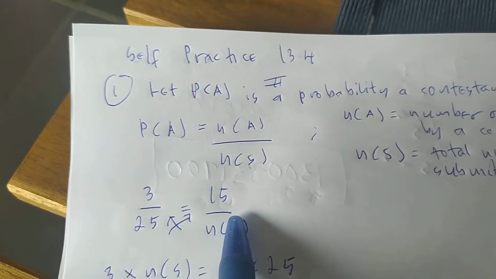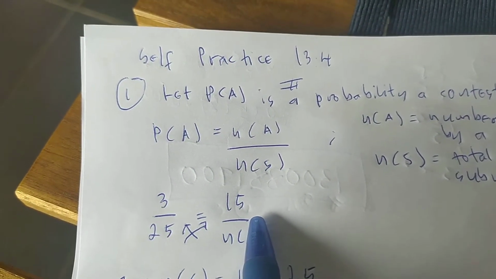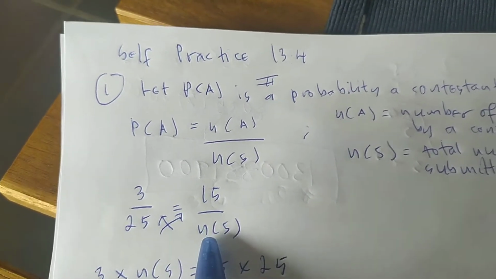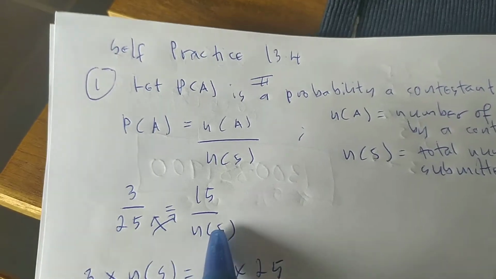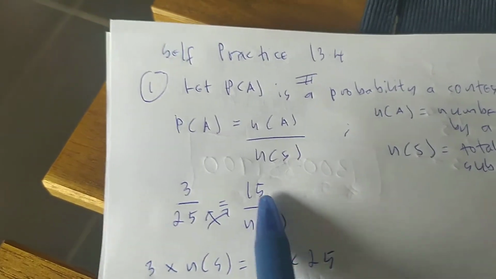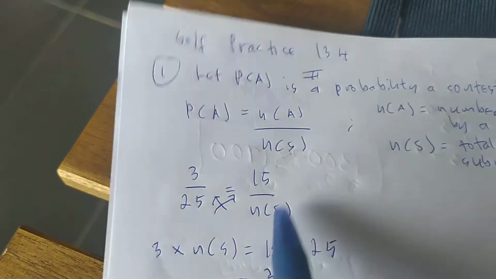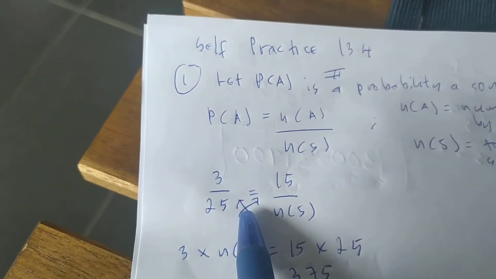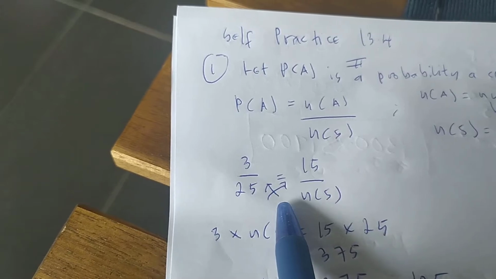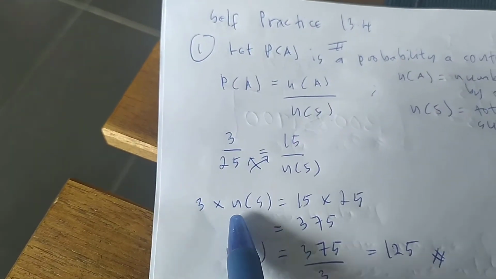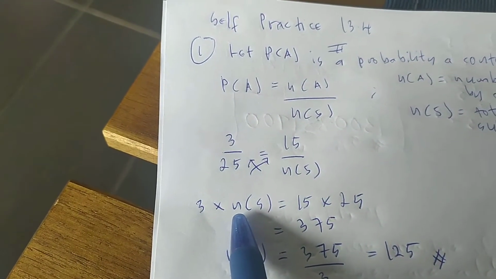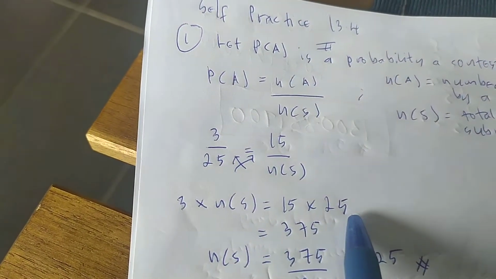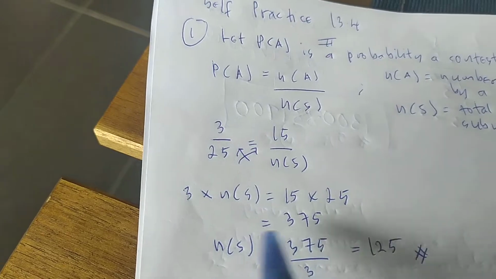The question asks you to find the total number of entry forms submitted in the competition, which is n(S). So this one we want to find out. How to solve this? You have to use the cross multiplication method. It will become 3 multiplied by n(S) equal to 15 multiplied by 25, which is equal to 375.